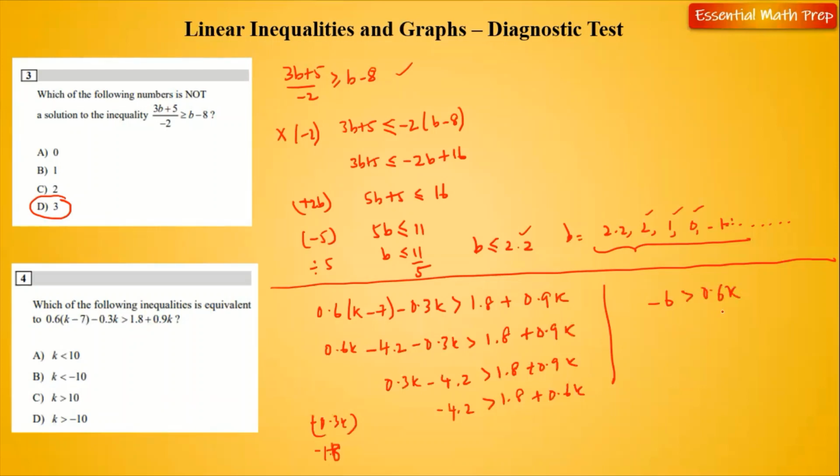So you can divide by 0.6 on both sides. 6 by 0.6, I think, that's 10, right? So -10 greater than k. In other words, k is less than -10, right? That's correct.